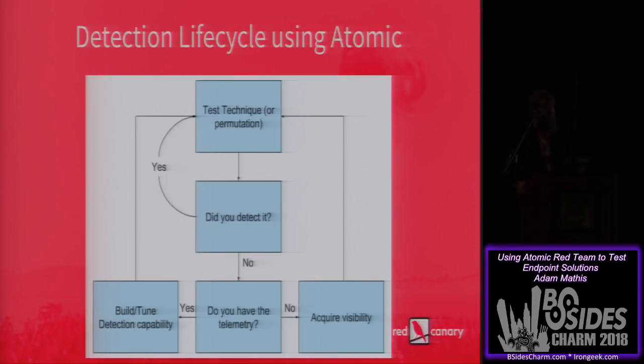Maybe now it's time to test a permutation. Let's look at something else. Let's obfuscate it a little bit, right? Maybe we'll try a different way to invoke the same technique. If you didn't detect it, now you have an action. You have to go and look and see, do I have any raw telemetry for this? Is there any data in my stack? Like in my SIEM, in my EDR product, in anything that saw this thing happen, even if I didn't get an alert?